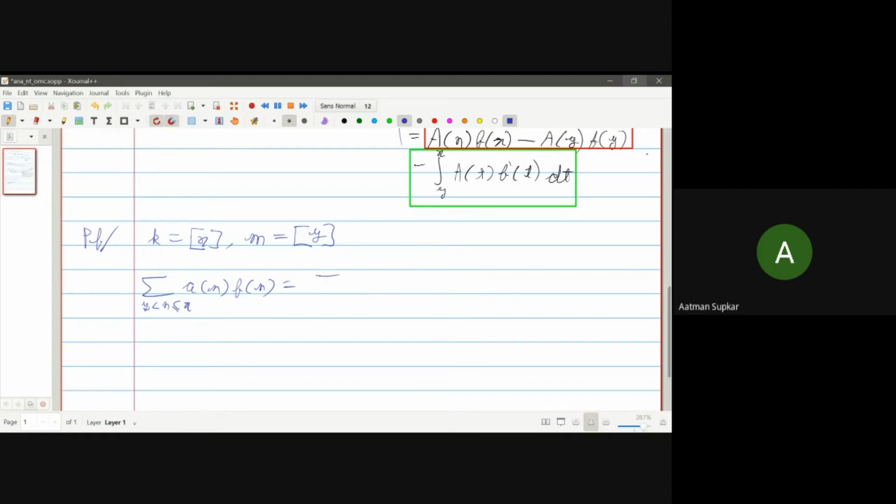You can just write it as summation n equals m plus 1 to k, a n f n. Why m plus 1 to k? y strictly less than n. So this forces the smallest n that can work to be the ceiling, m plus 1. There's a slight amount of casework there if you want to convince yourself.